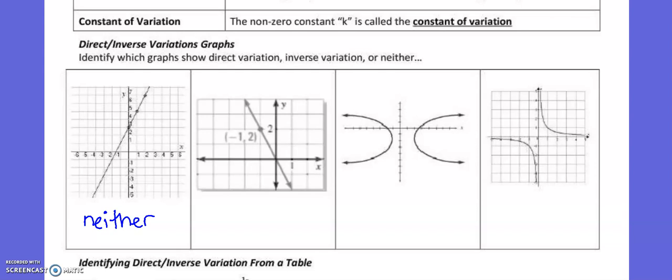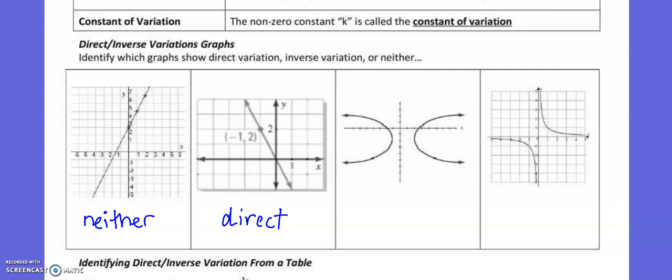Our next graph is a line. It does go through the origin. Is that direct variation, inverse variation, or neither? This one is direct. All right, what do we think about that next one?